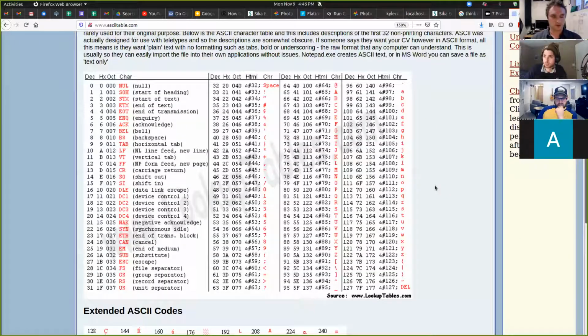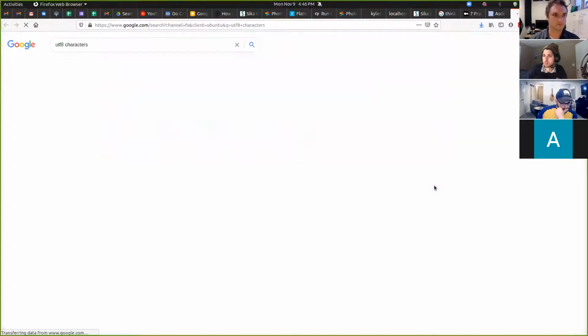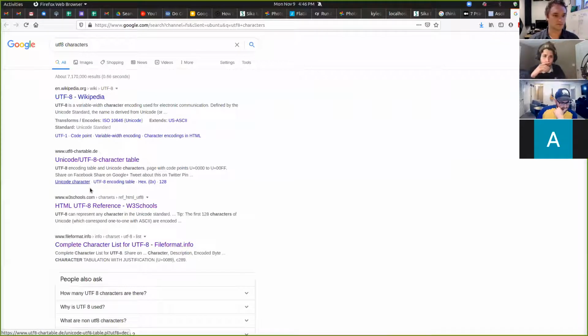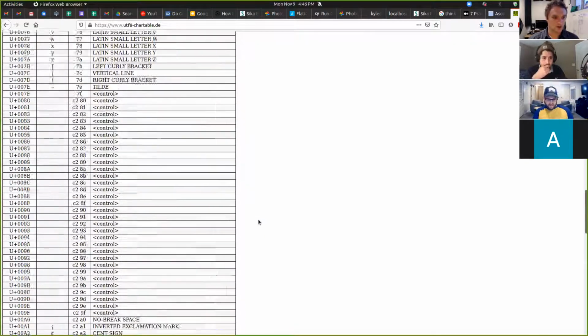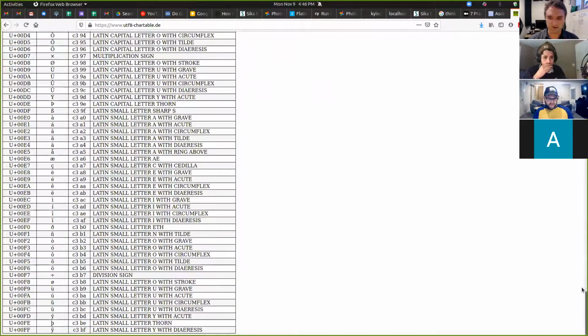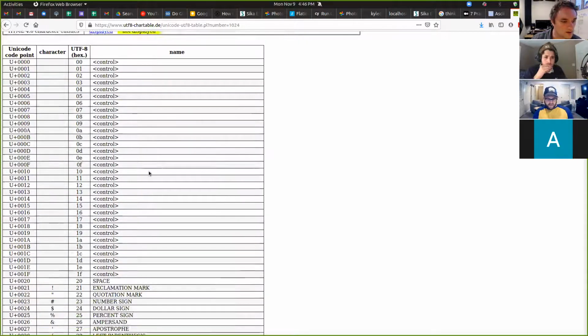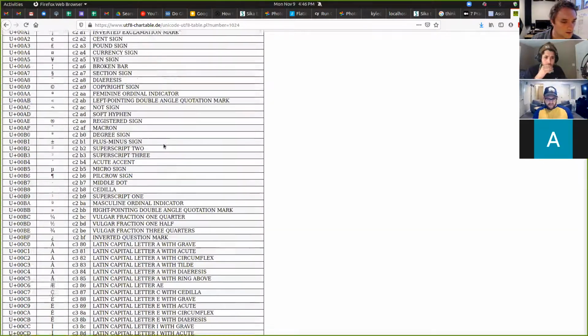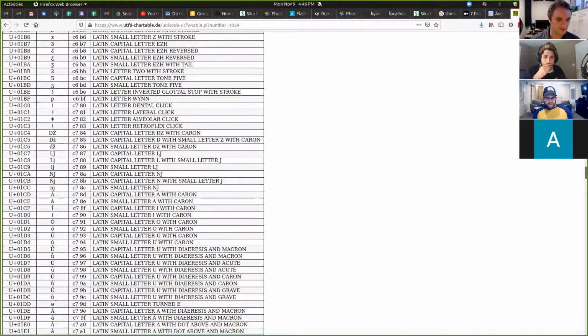Cool. So let's take a look at UTF-8. Oh shit, there's a lot of these. It just keeps on going.